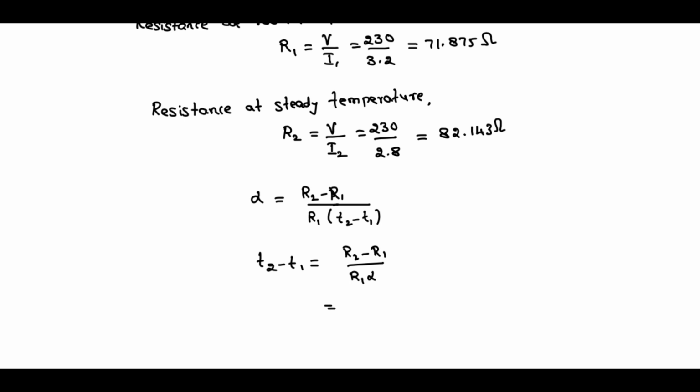That is equal to 82.143 minus 71.875 divided by 71.875 into 1.70 into 10 power minus 4.